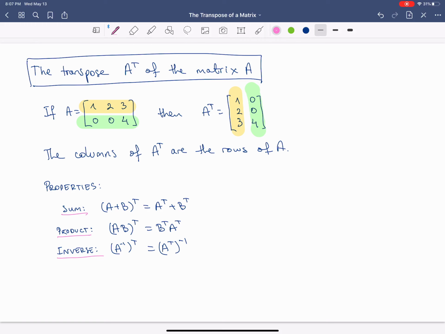Now, note that from the last property, we see that if A is invertible, then so is A transpose. And if A transpose is invertible, so is A. So, in other words, we can write here A transpose is invertible if and only if A is invertible.